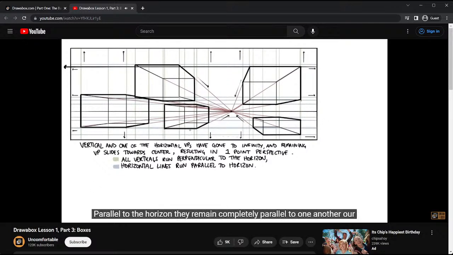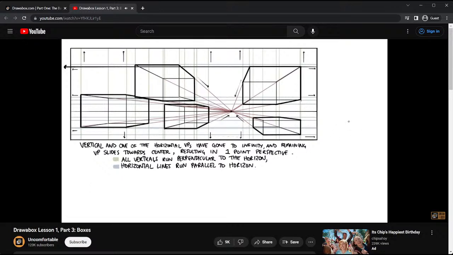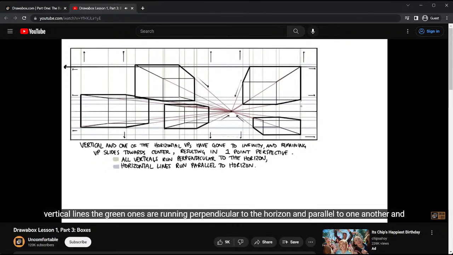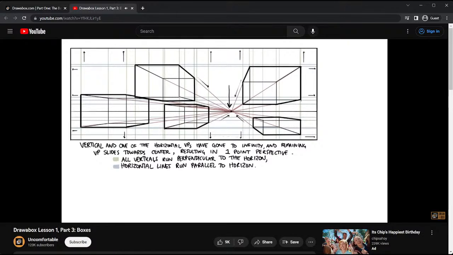They remain completely parallel to one another. Our vertical lines, the green ones, are running perpendicular to the horizon and parallel to one another. And all that's left is this last vanishing point where these depth lines, the lines that define the depth of each of these boxes, are still converging towards the singular vanishing point that still has any convergence left.